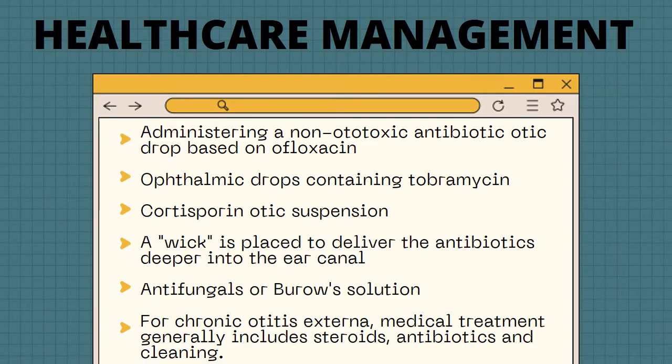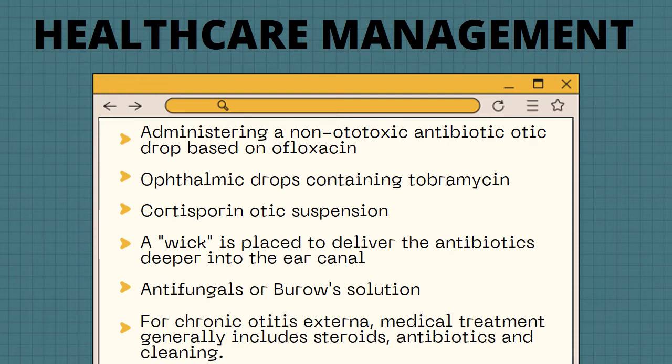The healthcare management: otitis externa and otitis media are often treated differently. Drops that carry antibiotics straight to the affected skin of the external ear are employed. Administer a non-ototoxic antibiotic otic drop based on a fluoroquinolone, such as ciprofloxacin or ofloxacin, when the state of the eardrum is unknown.